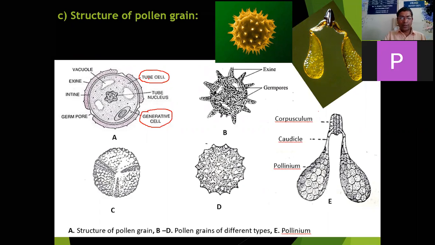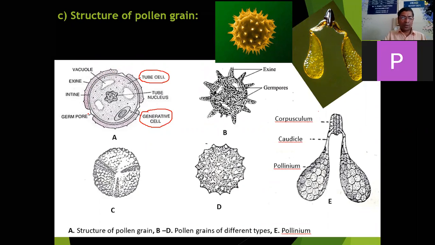Now the tube cell has the tube nucleus, and the generative cell also has a nucleus called the generative nucleus. Now here in this pollen grain, you can see there are two portions where this exine wall is not there.